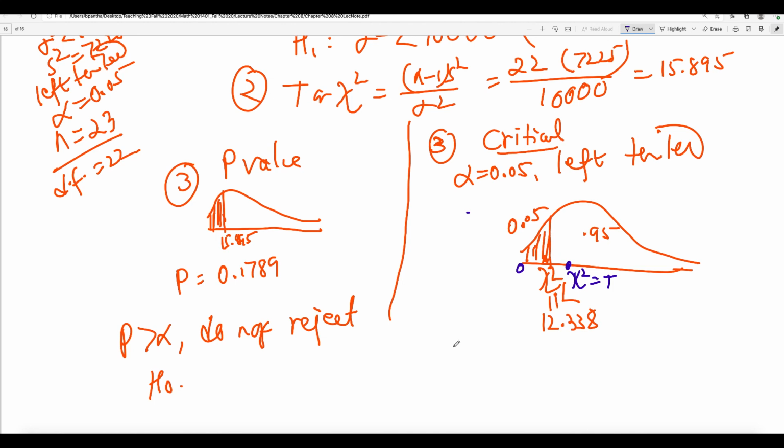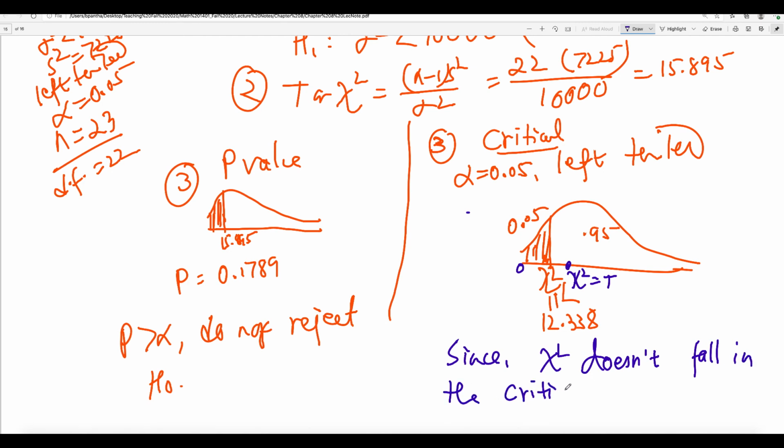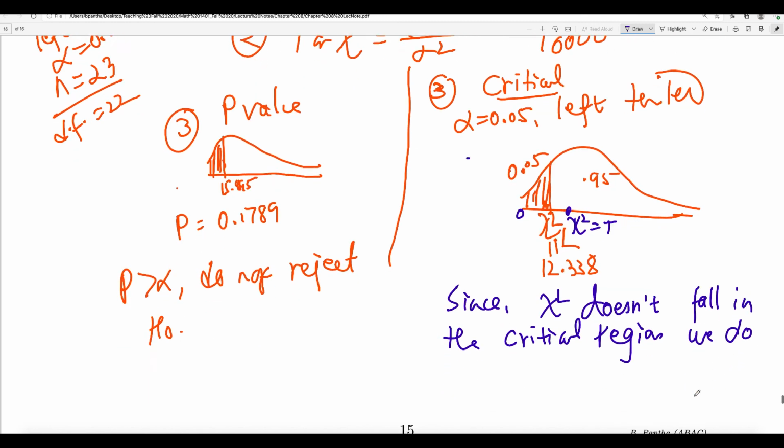So meaning since chi-square does not fall in the critical region, we do not reject the null hypothesis, right?